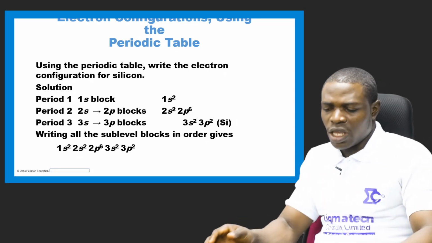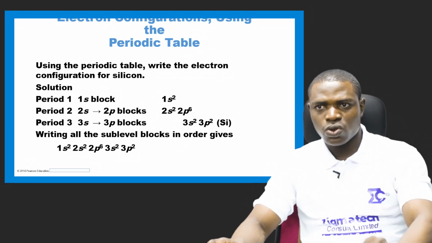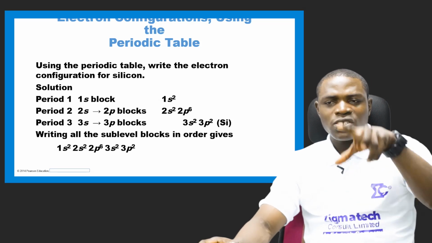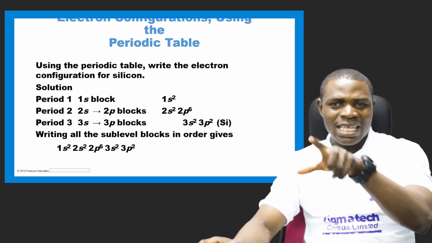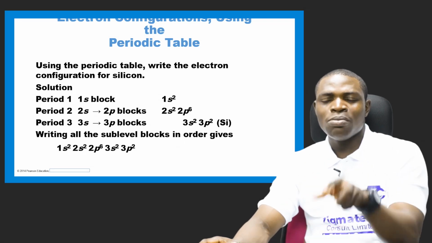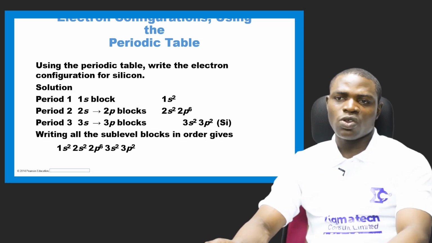Now look at what you are seeing on the screen. You see 2s2, 2p6. That means any element that will have this electron configuration must be an element with atomic number 8.